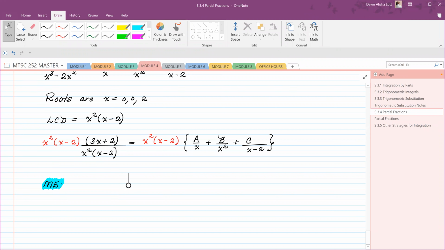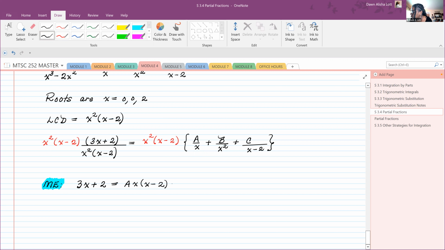Then on the right-hand side, you have to use the distributive property. So you have A times x squared times x minus 2. One of the x's cancels. The x squared over this x divides out and gives me only one x, so I'm just going to have x times x minus 2. Now what happens with the B term?